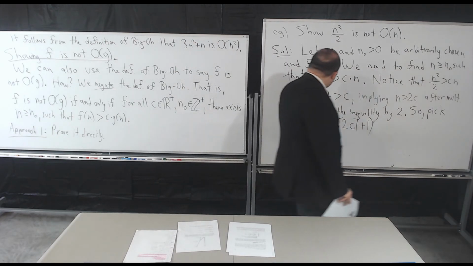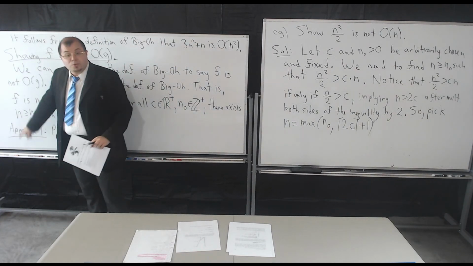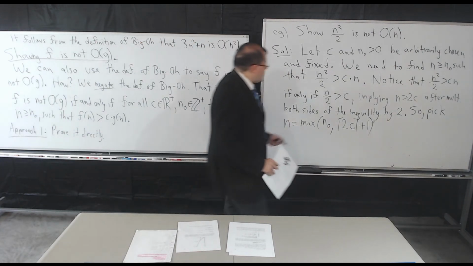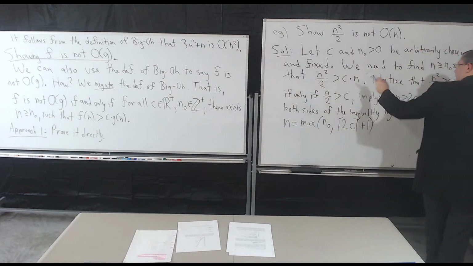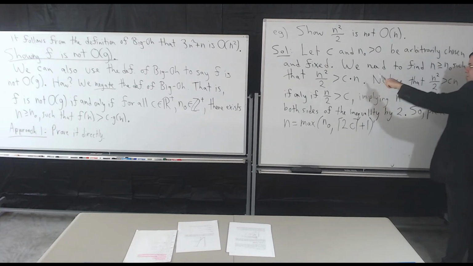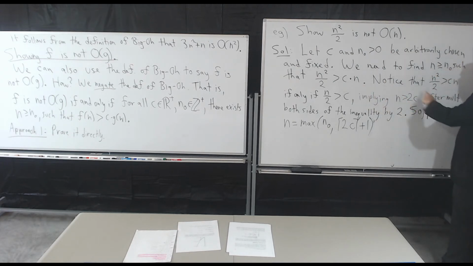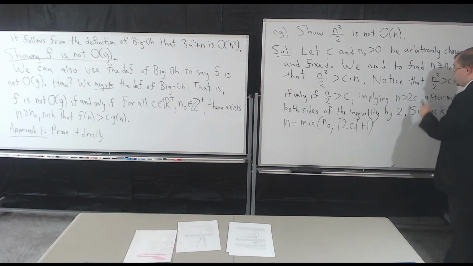So n0, remember we need n0 here because n has to be bigger than or equal to n0. I don't know what n0 is. And I know that for this to get violated, I know that n has to be, if this has to be true, I should be very careful here. If this is true, then n has to be bigger than 2c. But 2c might be not an integer.